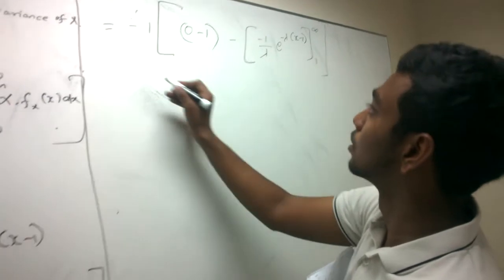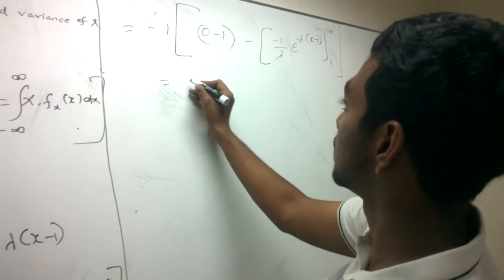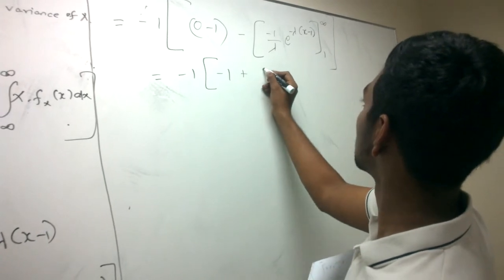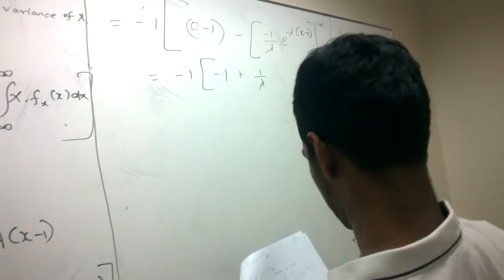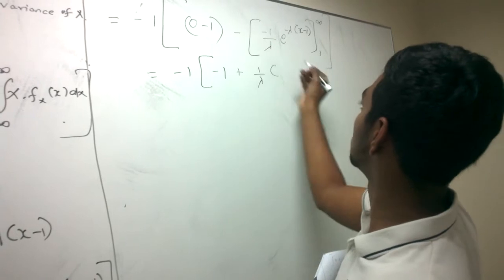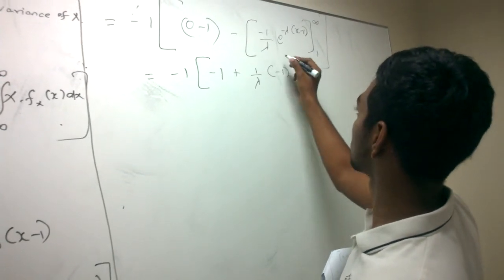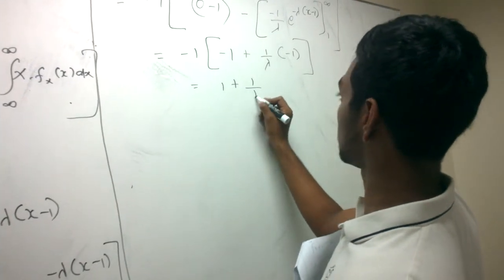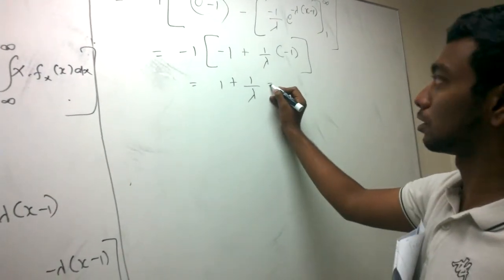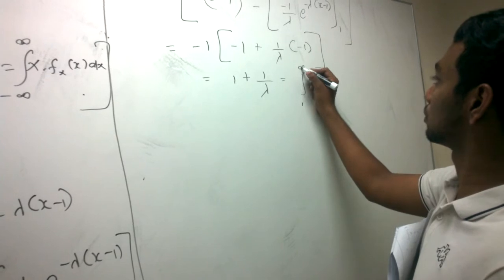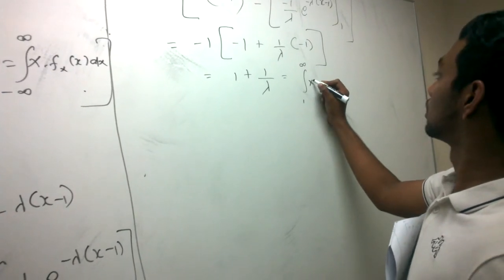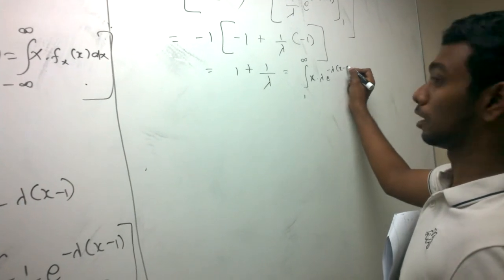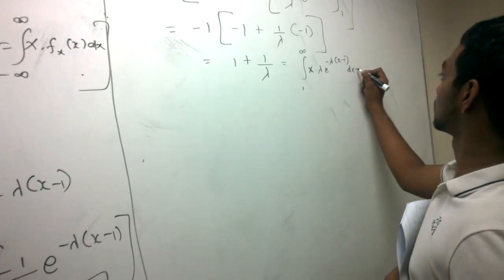So this is going to be minus 1 plus 1 by lambda. Again, it's going to be 0 minus 1 over here, so it's another minus 1. So it's 1 plus 1 by lambda. This is the equivalent of the integral from 1 to infinity of x times lambda e power minus lambda (x minus 1) dx, which is equal to E[X].